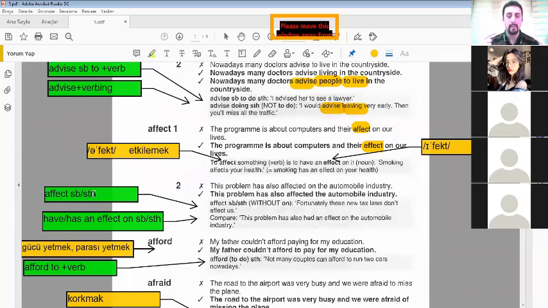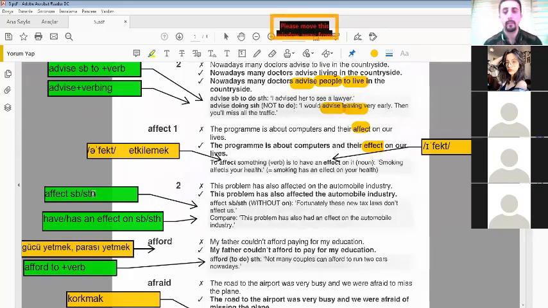So we have to remember that if you want to use affect, it is affect somebody or something. But whenever we want to use effect, noun, we have to use this pattern, this column. Have or has an effect on somebody or something.